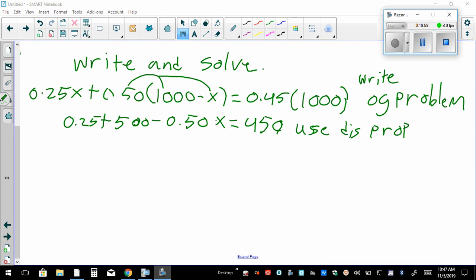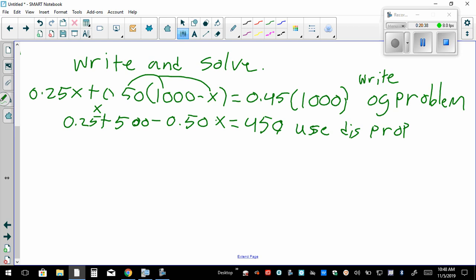So what I got from that is 0.25x plus 500, because 0.50 times 1,000, minus 0.50x equals 450. That's how I use the distributive property. It's a multi-step problem.